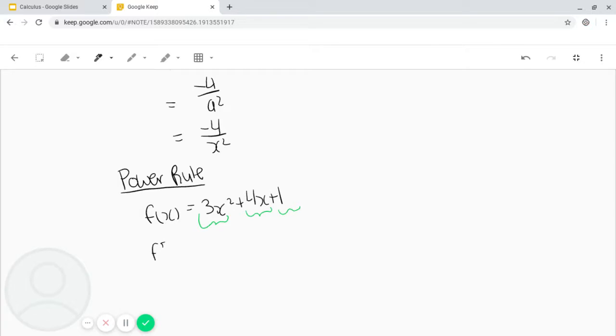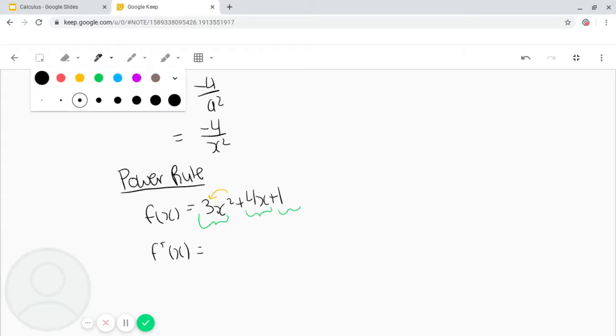So then the first derivative would just be, for this first term, what we want to do is take this 2, multiply it by the 3, and then take away 1 from the power, and that was one of the rules that we talked about, of course, the power rule.